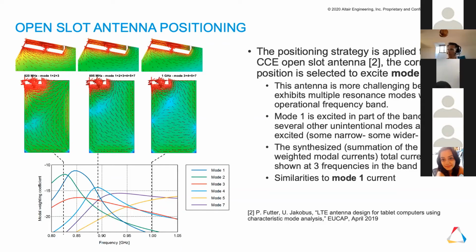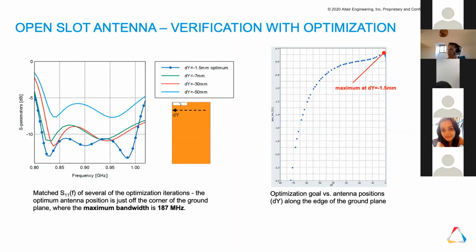Once again, we performed an optimization just to verify. You'll see the maximum is slightly offset from the edge, and that is just to do with the flange that runs around the side of the antenna that connects this sort of radiating element that runs along the top of the slot.